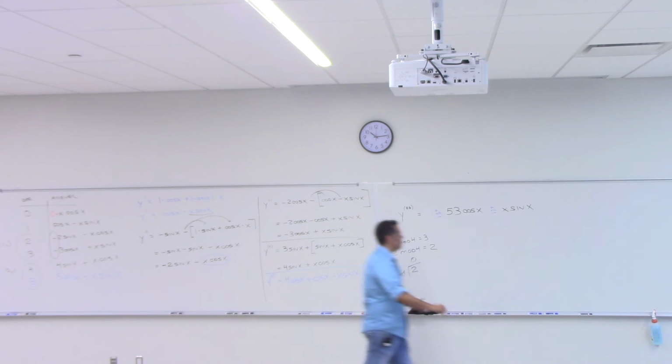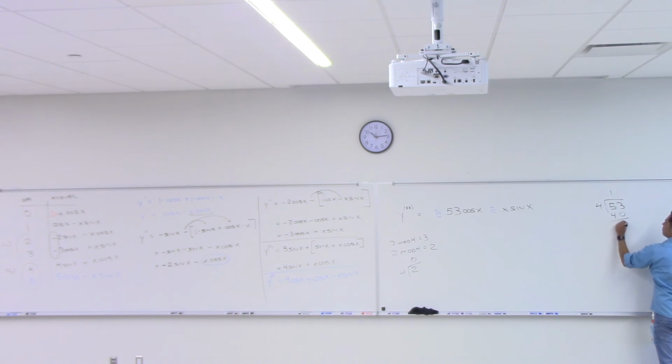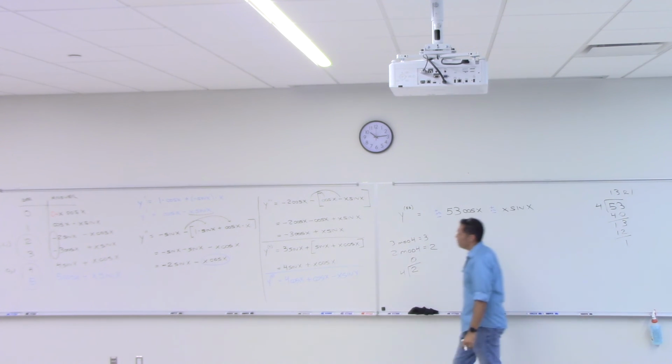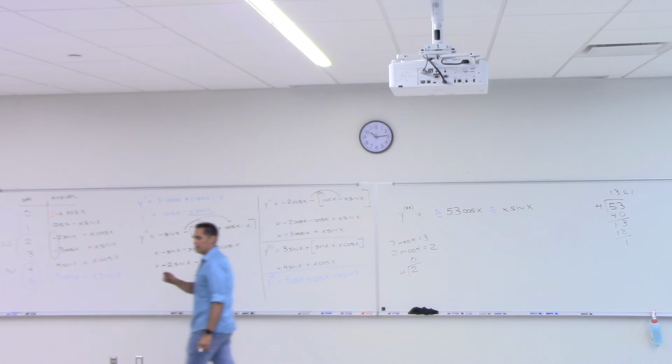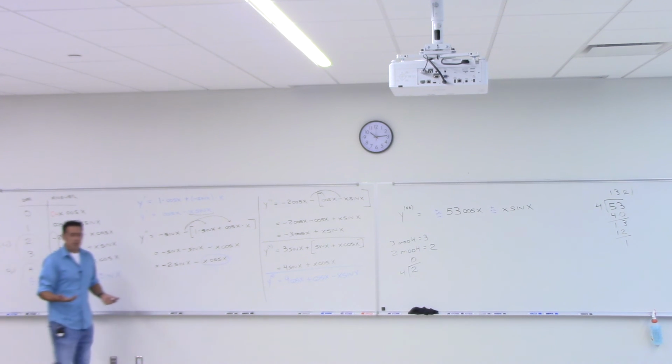Hold on. 4 goes in there once, 4, 0, 3, 1, goes in there 3 times, 12, 1. We have a remainder of 1. So 53 mod 4 gives us a remainder of 1, which means we're in one of these, which means it's positive in the front.